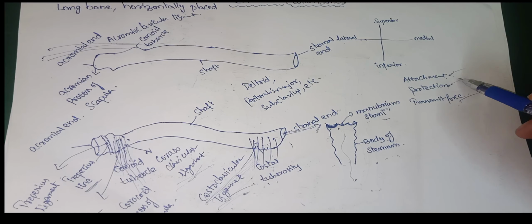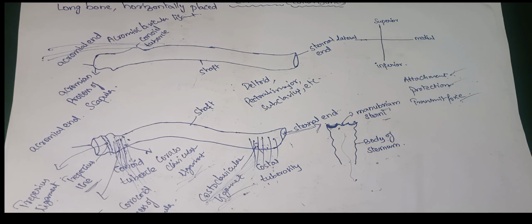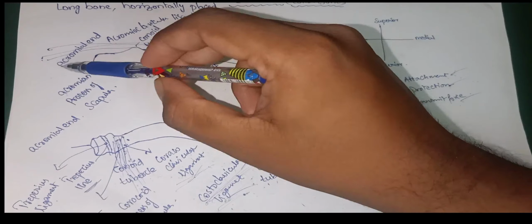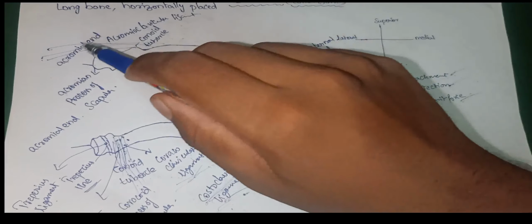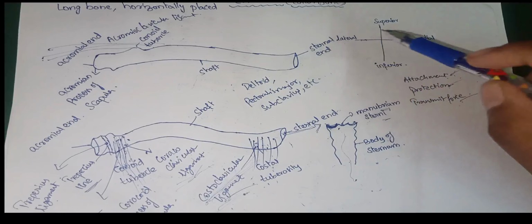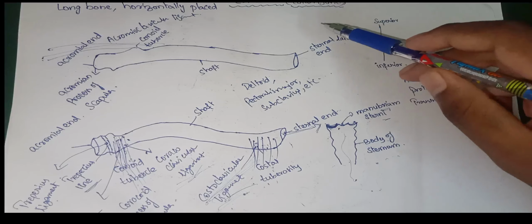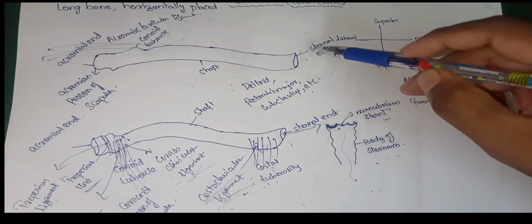First, attachment of the upper limb to the trunk as part of the shoulder girdle. At the lateral end the upper limb is present, and at the medial end the trunk is present, that means the sternum.